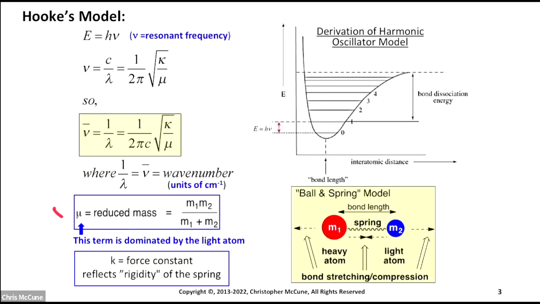So I'm going to do a proof of principle problem just to show you what I mean. This value here, ν bar, that is wave number. And so wave number is proportional to the frequency, but inversely proportional to the wavelength. Okay, so 1 over wavelength equals wave number.